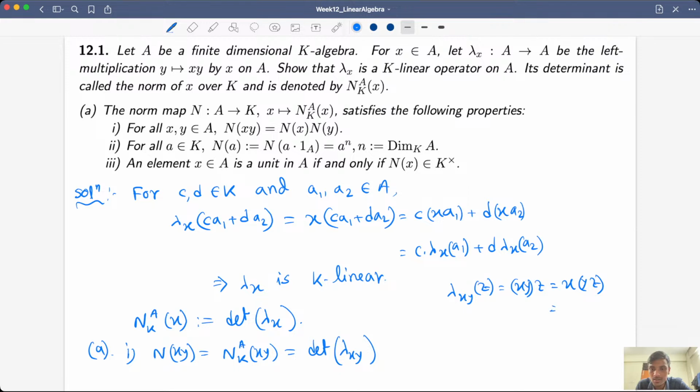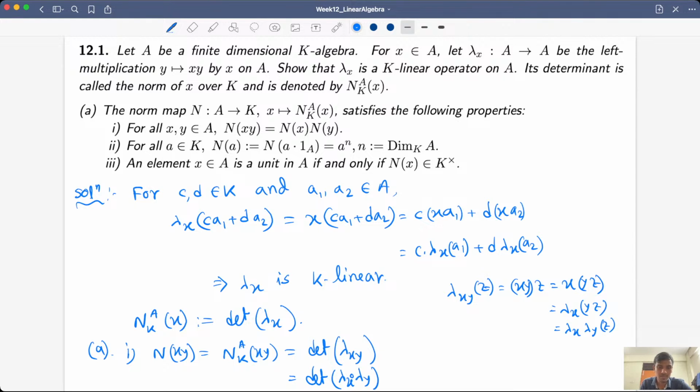This is lambda x of yz, and yz I can again write as lambda x of lambda y of z. So this implies that lambda xy equals lambda x composed with lambda y, and this is happening for all z. So this is the determinant of lambda x composed with lambda y.